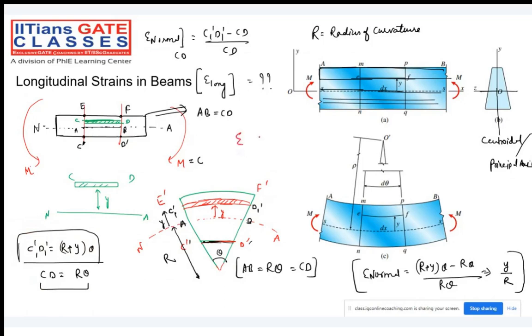For a fixed radius of curvature, the normal strain is directly proportional to y. So whatever the strain is on the top fiber and the bottom fiber, it will be linear with respect to the neutral axis. The line will be a straight line.